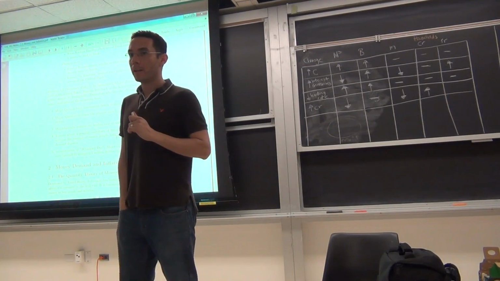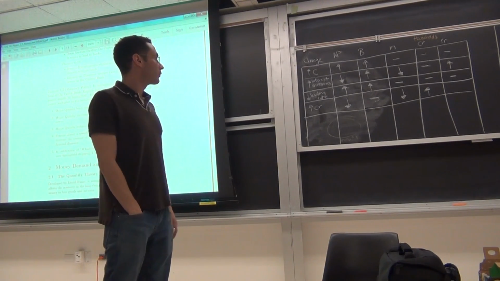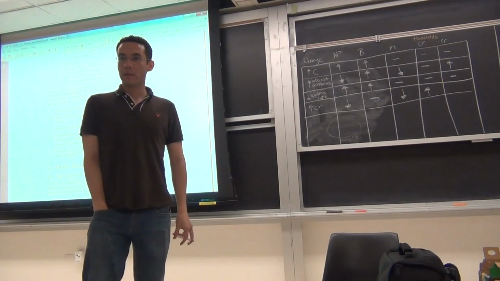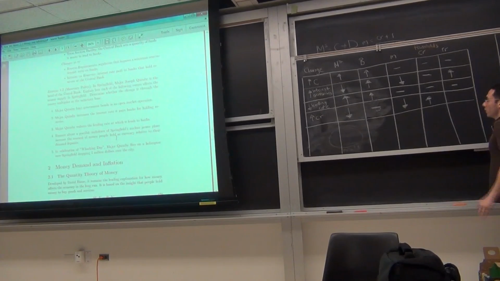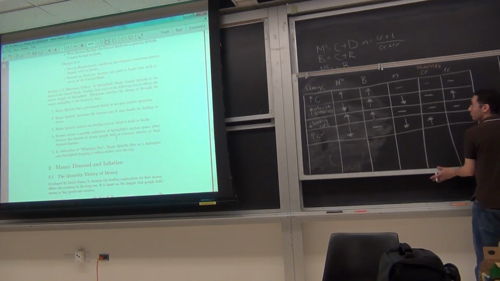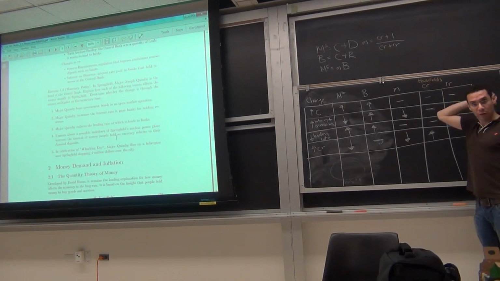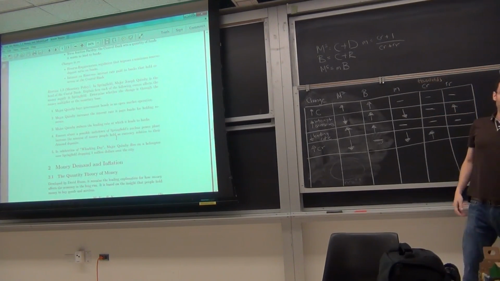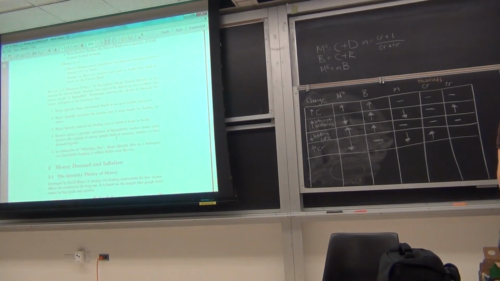Why is that? Because the currency deposit ratio is also in the denominator. But you have 1 on top, and the reserve to deposit ratio is less than 1, so increasing the currency to deposit ratio is going to reduce the money supply.